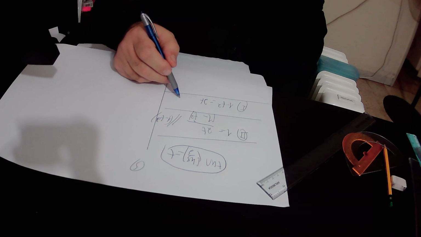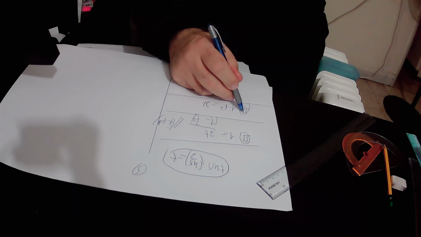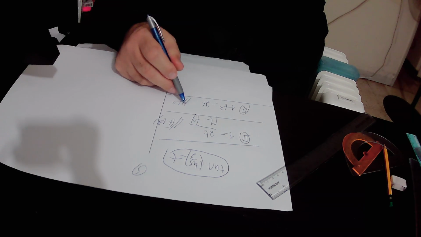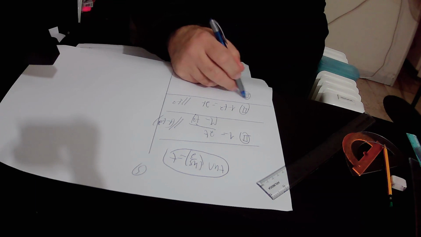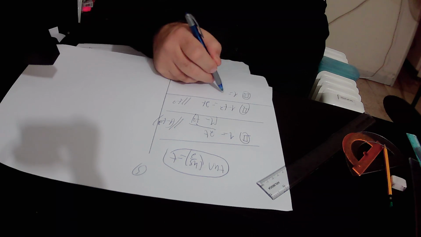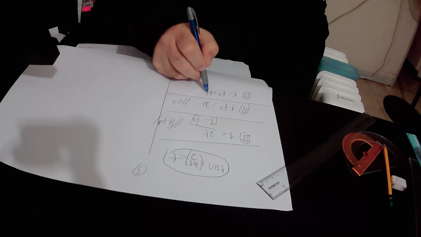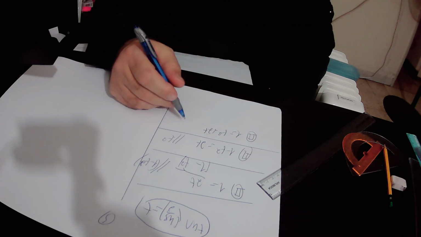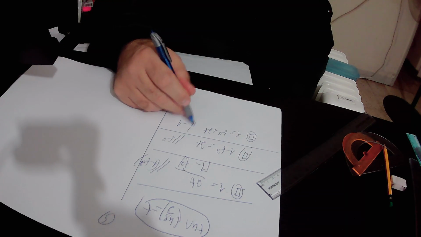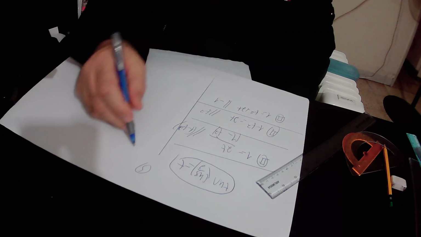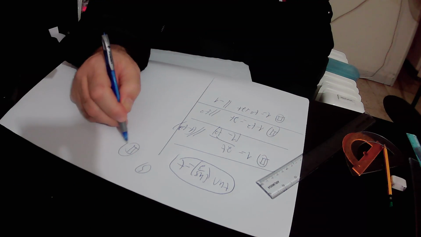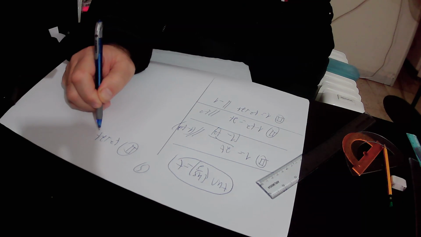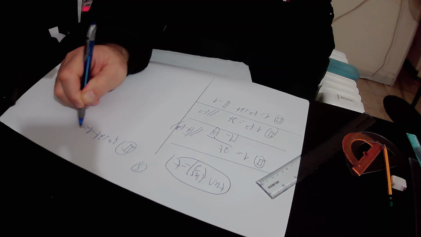So here we add t squared to this equation number 2, and we will get that according to equation number 2, 1 equals t squared plus 2t. Here we subtract 1 from this equation number 2, and finally we get that according to equation number 2, t squared plus 2t minus 1 equals 0.